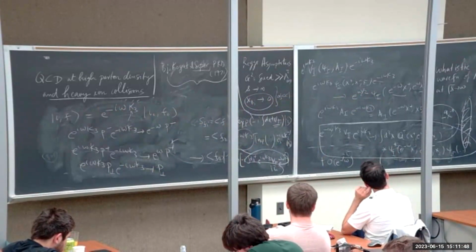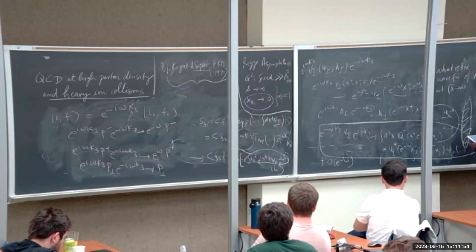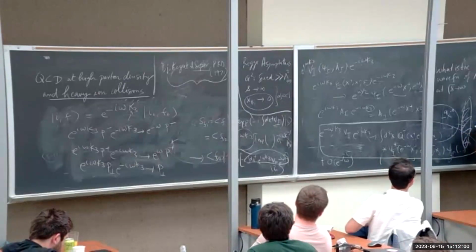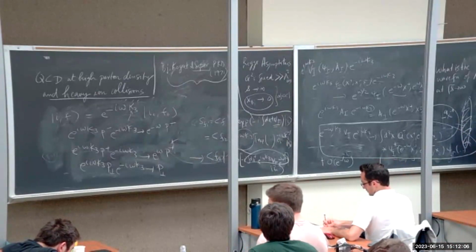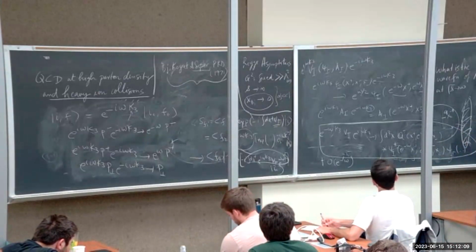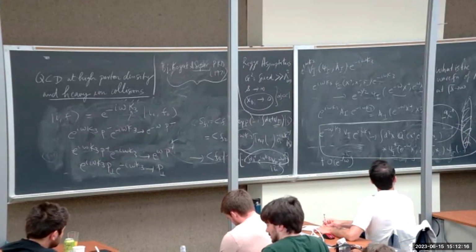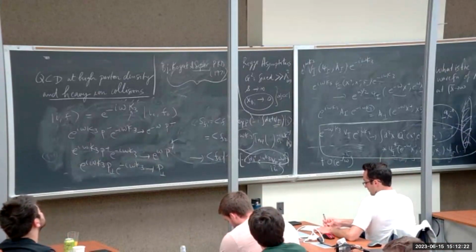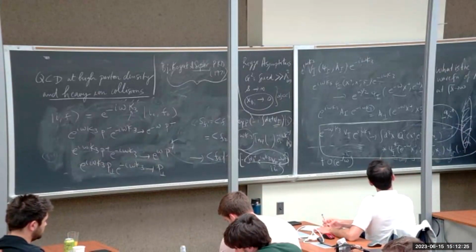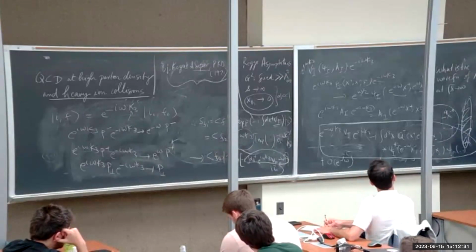I'm having a serious time issue here, but let me just say that at the end of the day, when I take the limit of infinite boosts, your S matrix, S of F and I, can be written as some function, capital F, where this object has an absolutely beautiful structure: exponential of minus e squared, of x squared, of some chi of x squared times some rho of x squared.